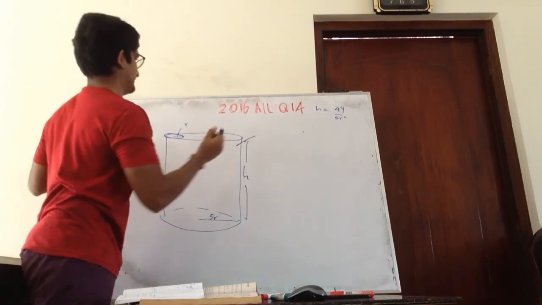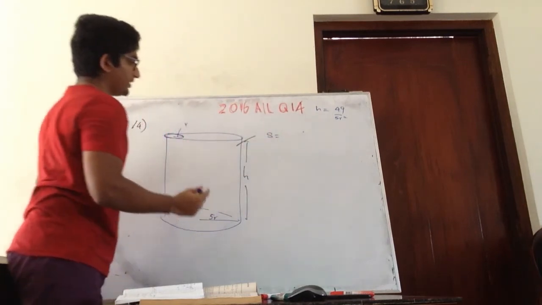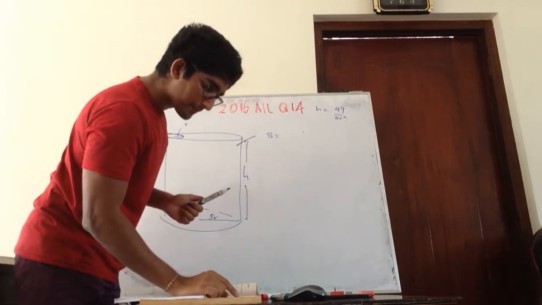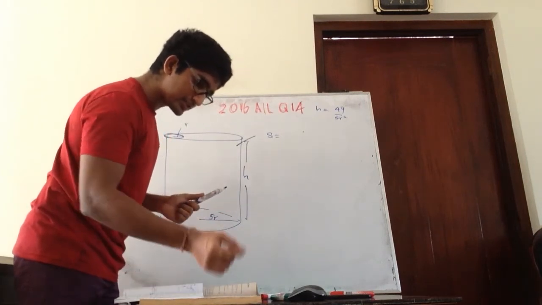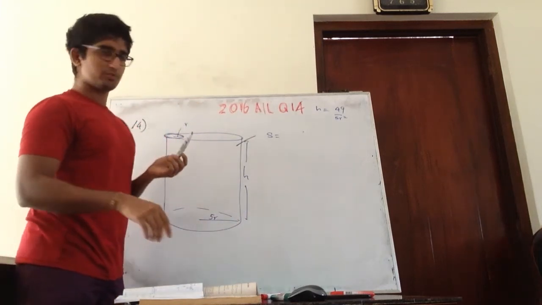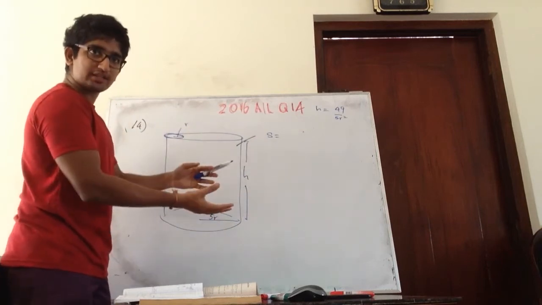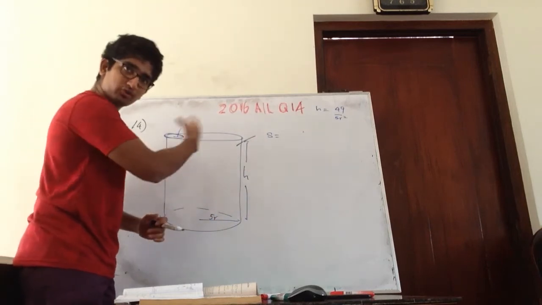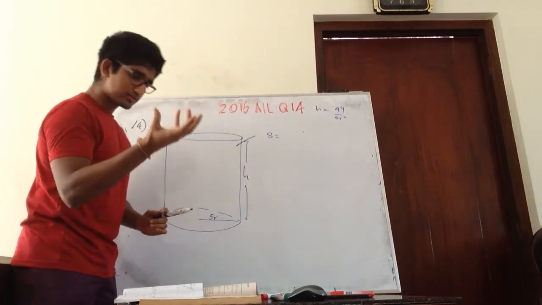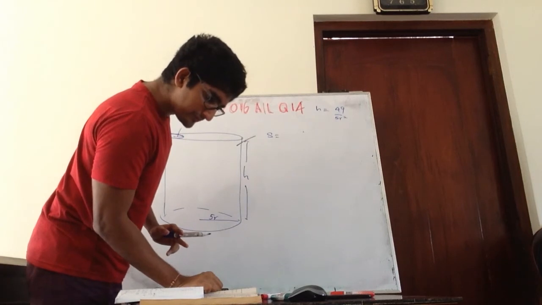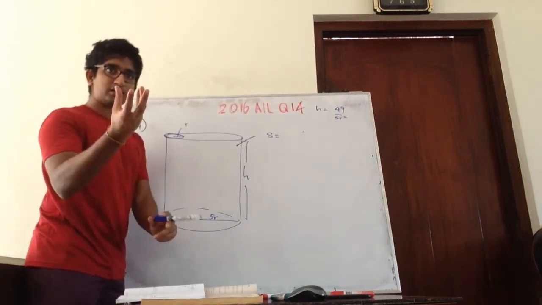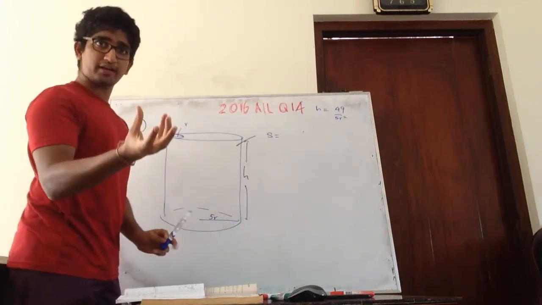So what is S? S is basically the surface area containing the hole as well, no? So basically, what is the whole surface area of this? What I'm going to do is take the whole surface area and reduce this lid or something, no? There's a circular hole, so I'm going to reduce that area as well.